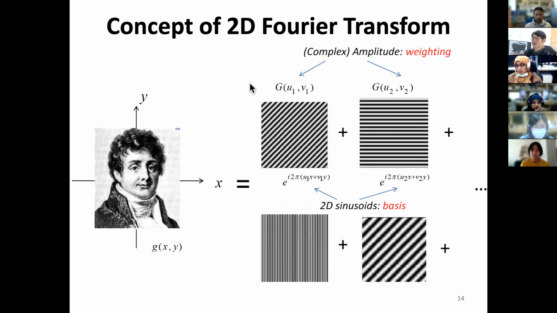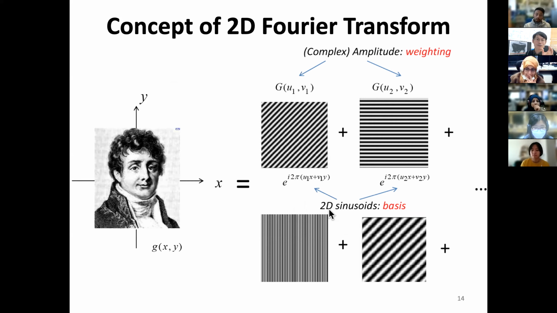So for example, let's say this is a general function g of X and Y. You can consider, in this one, U1 and V1, and this is a complex amplitude of weighting. This is a kind of plane wave, which we can describe as e to the i 2 pi (U1 X plus V1 Y), just a 2D sinusoid.